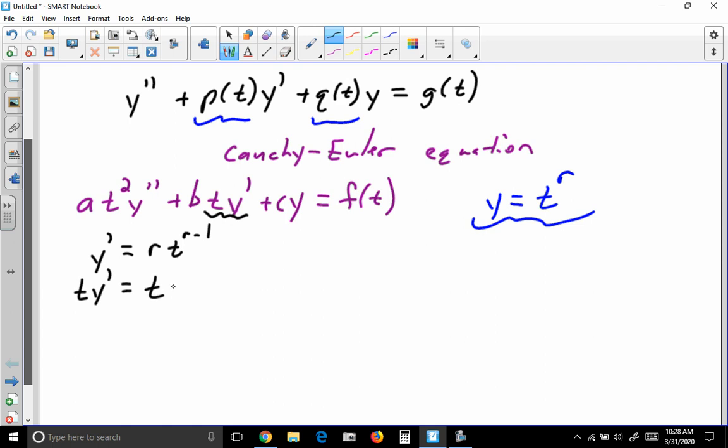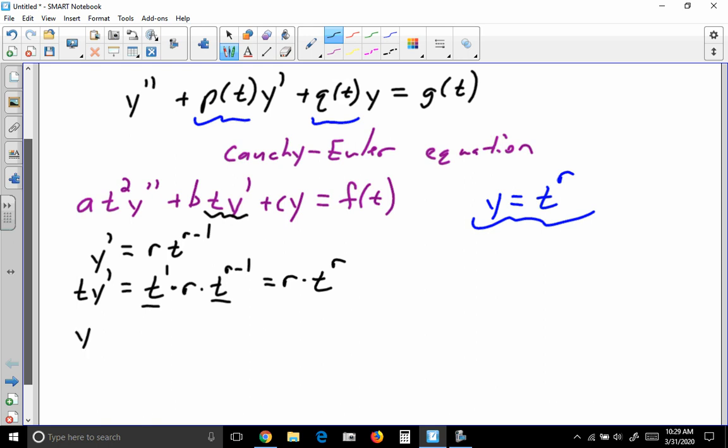So if we do y prime times t, we would have t times r times t to the r minus 1. Since those are like bases, when we multiply those, we add the exponents. So r minus 1 plus 1. The minus 1 plus 1 will cancel, and that'll leave us t to the r.